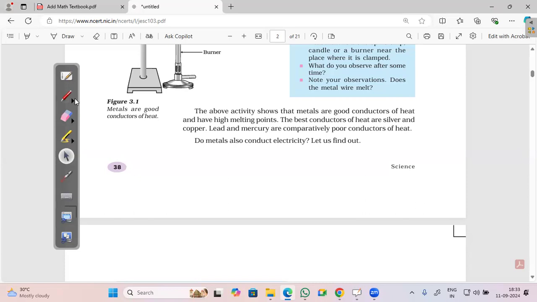So diamond is the non-metal which is hard. Anything else? Lead and mercury are comparatively poor conductors of heat.